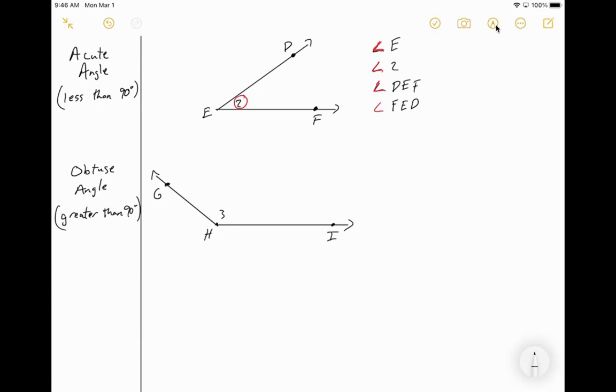When you're typing, you can use the carets next to the letter M, the less than and greater than signs, for your angle notations.